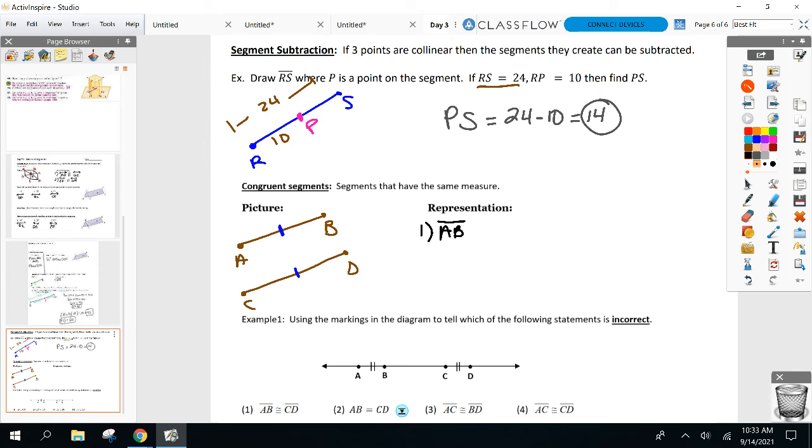Anybody know this math symbol for congruent? It's a rare one to know. It's the equal sign with the little, what's called a tilde above it. You can call it a squiggly, but I'm not going to take that for much longer. That is the symbol for congruent.